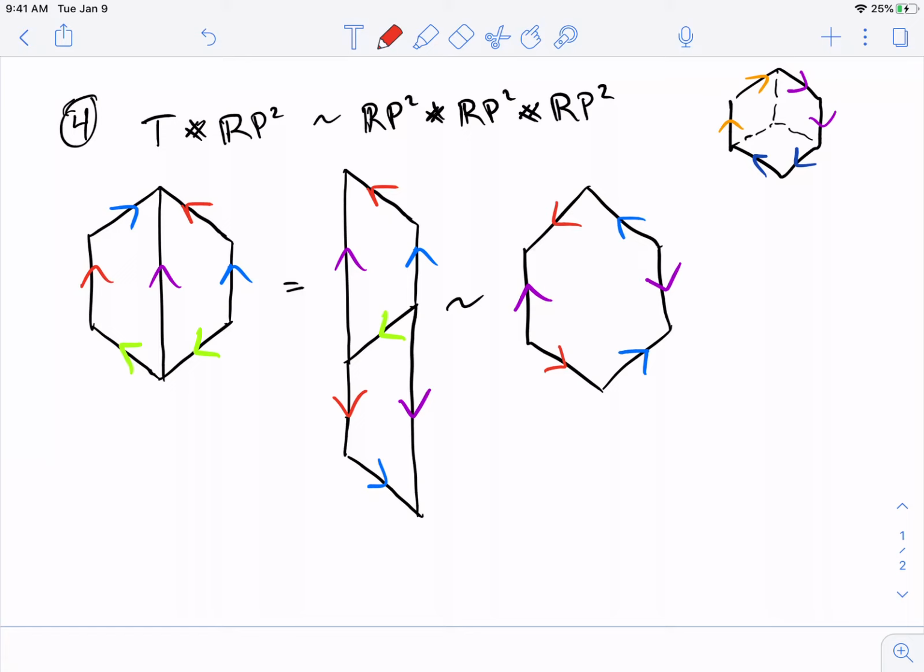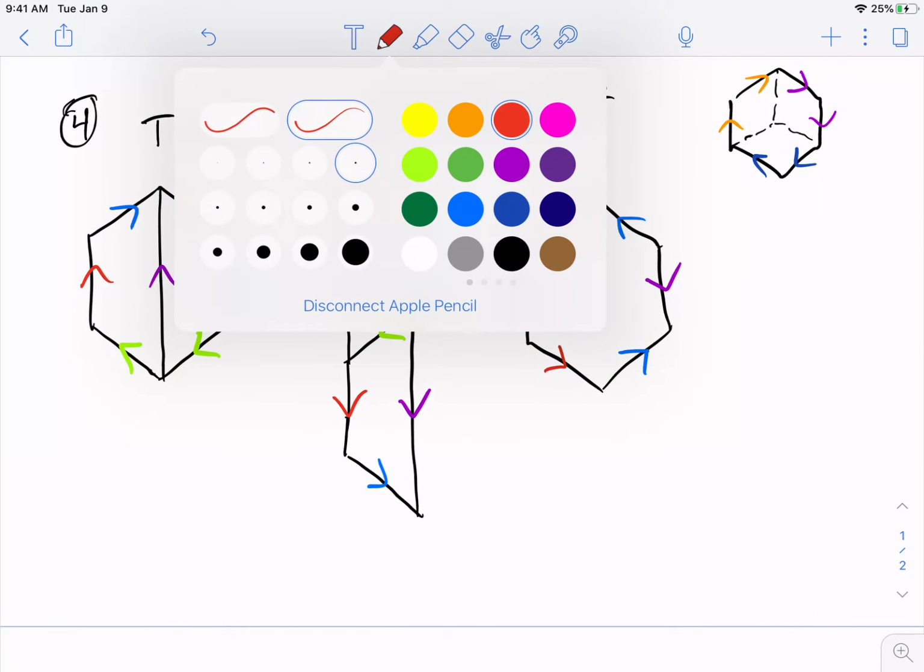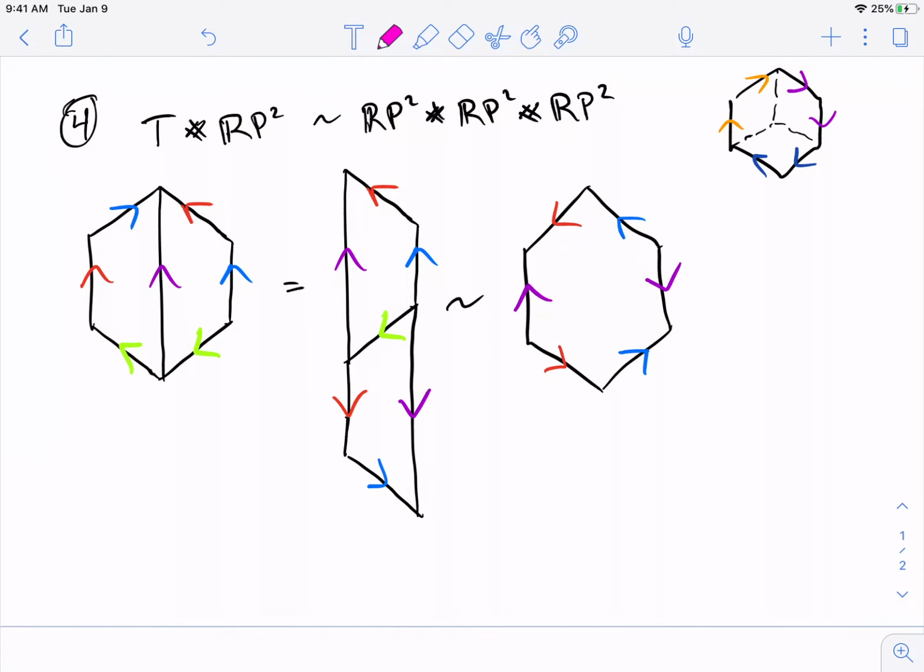Okay. And now, it's still not in any recognizable form. It doesn't obviously look like a connected sum of RP2s or of Klein bottle on RP2. So I'm going to need to do more moves. Okay. So again, let me tell you a little bit of my thinking here about what to do next.